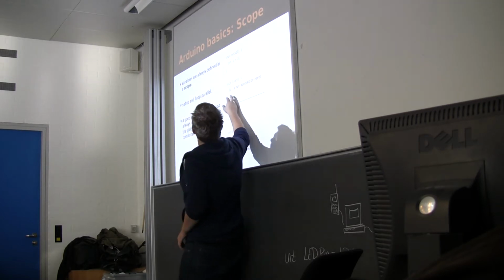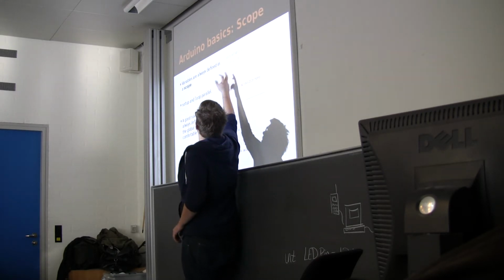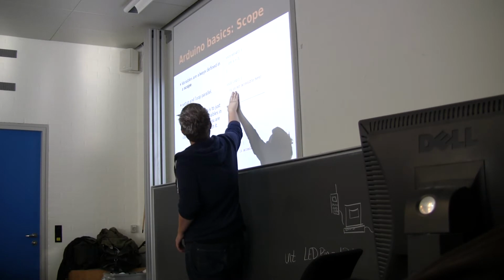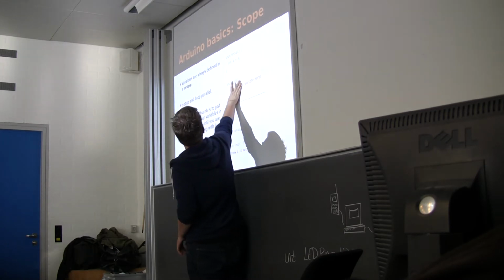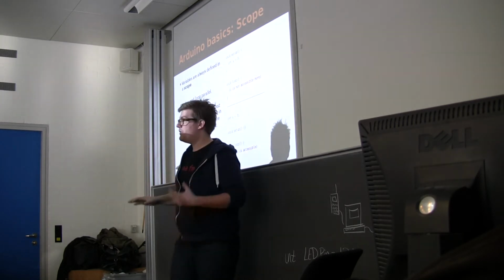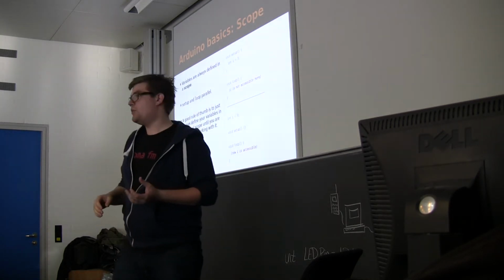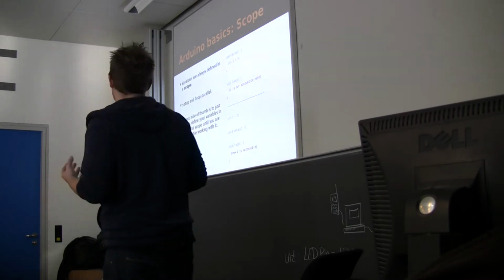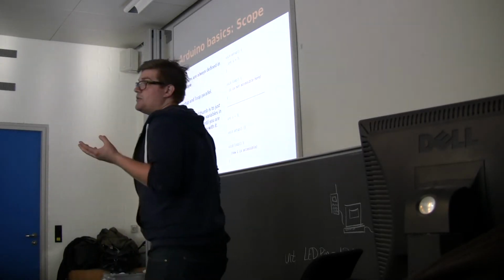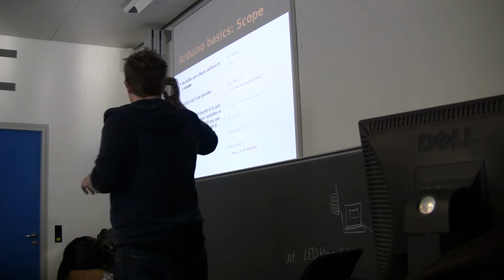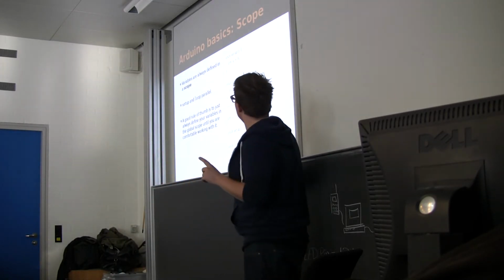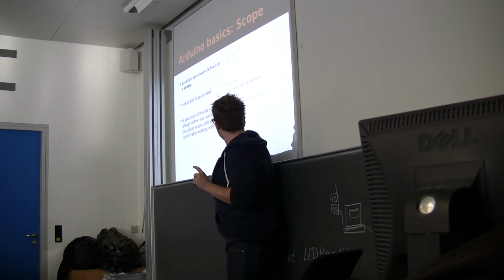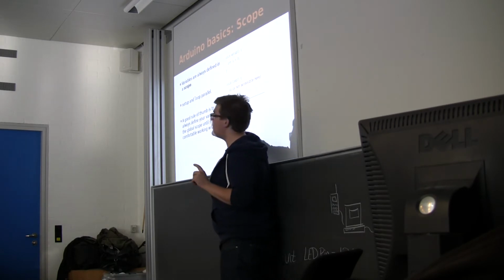If you define an integer up here in setup, it would not be accessible down here in loop, because it's in two distinct sets of curly braces. So what do we do about that? This is called the variable scope. But we can instead define it outside of the scope of loop and setup, so it's in a parent scope.